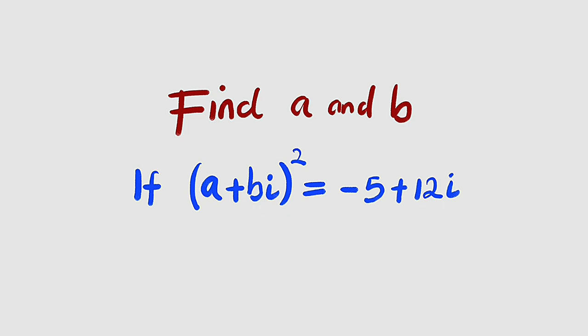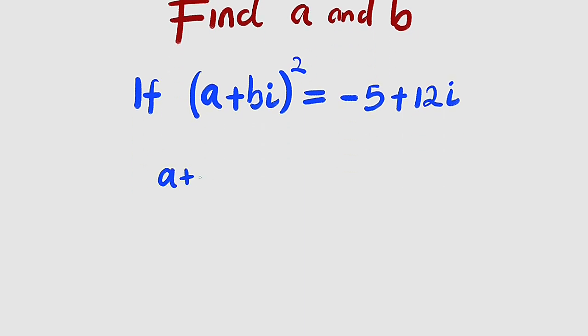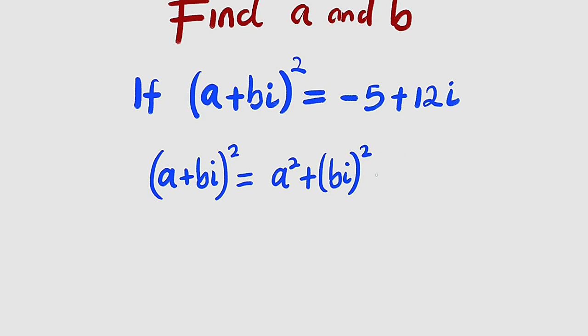So let's do that. (a + bi) all squared. This is the same thing as taking the first term and squaring that, a squared. Second term also squared, that is (bi) all squared. Then plus 2 times the first term times the second term, 2 times a times bi.